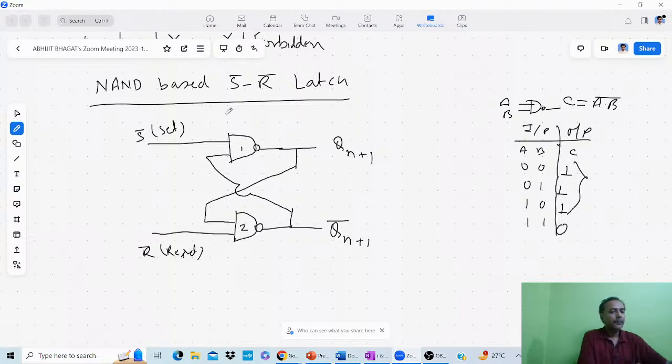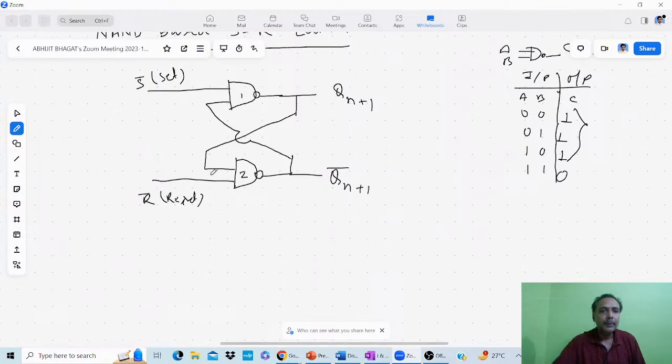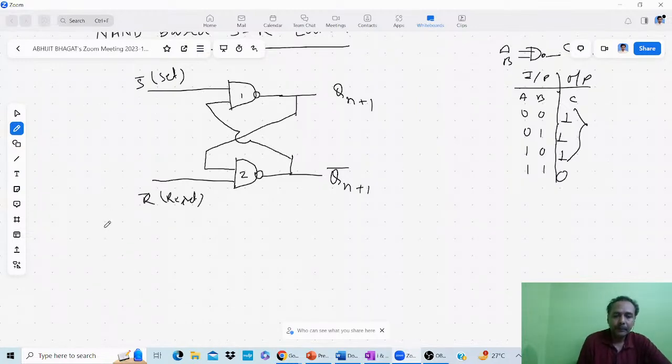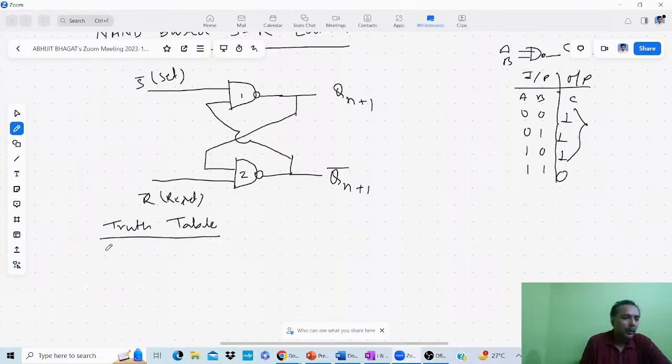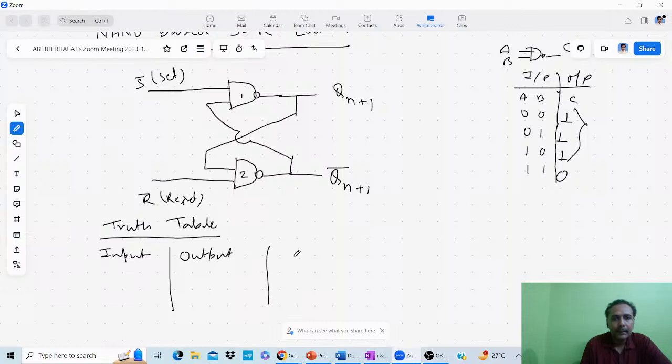In case of NAND based SR latch, truth table. Here the inputs, then output, and then there is the action.